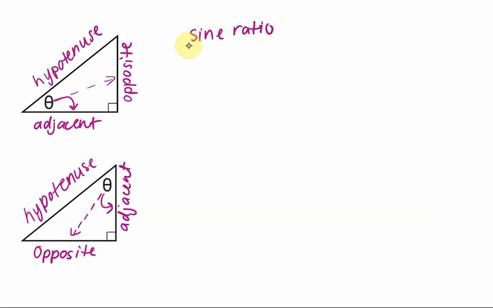On our calculators, we abbreviate sine to sin. The sine of that angle is a ratio between the length of the opposite side and the length of the hypotenuse. No matter how big or small I expand this, if I make it just bigger or smaller without changing the angles, its opposite over its hypotenuse will always be the same. Its sine ratio will always be the same.